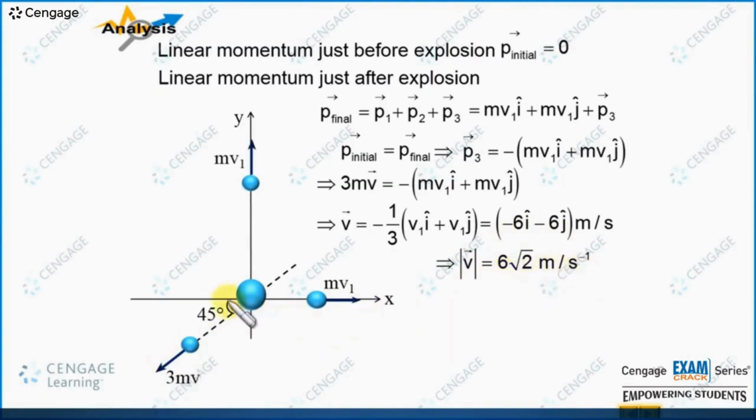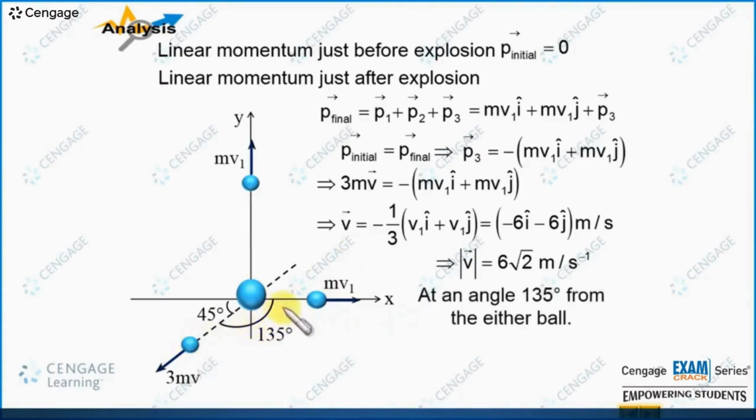The angle made by the third part with the direction of motion of the first part is 135 degrees. So now we can say the third part will move at an angle of 135 degrees from either of the other parts, right?